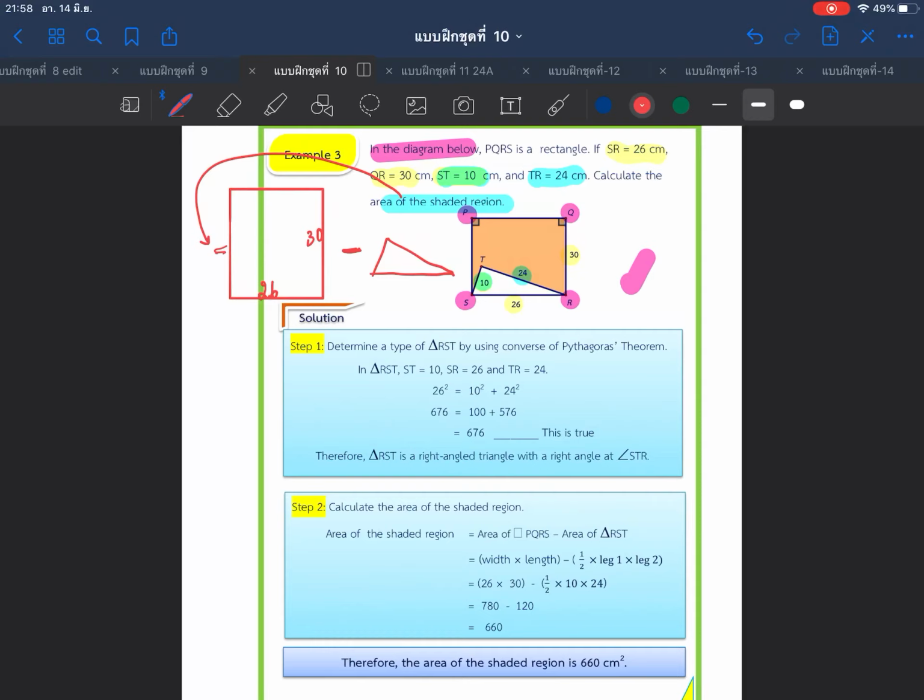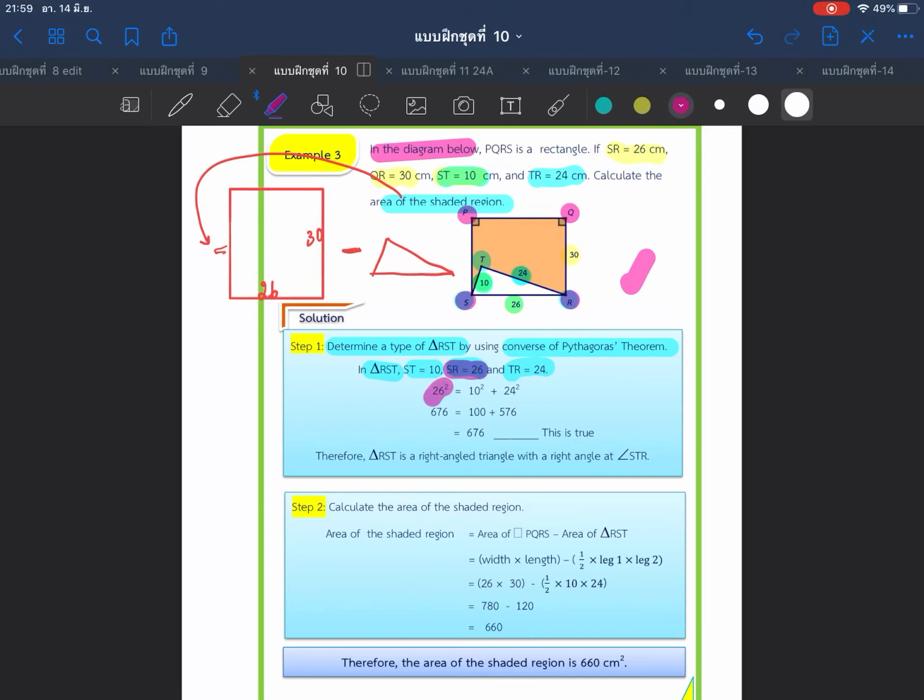So first of all, step number 1, we need to determine the type of triangle RST first by using the converse of the Pythagoras theorem. In triangle RST, ST is 10, SR is 26, TR is 24. So the longest one is 26.